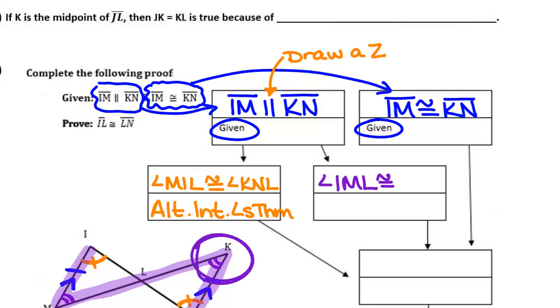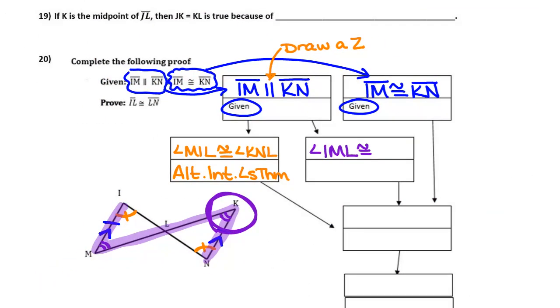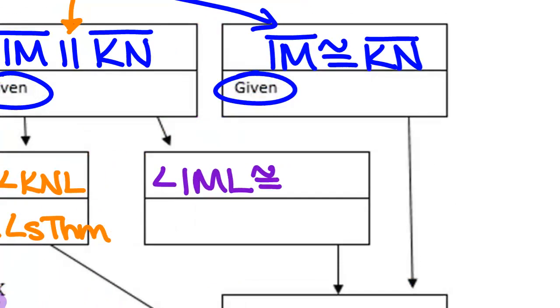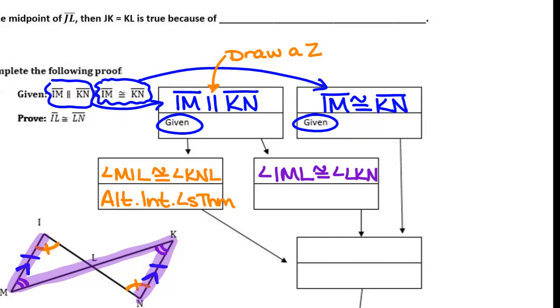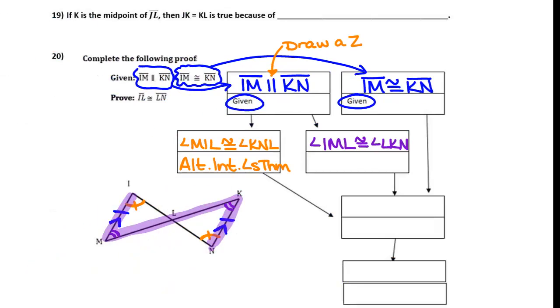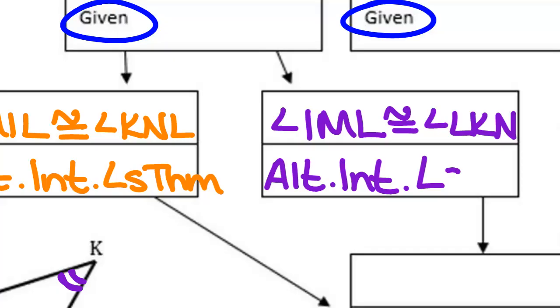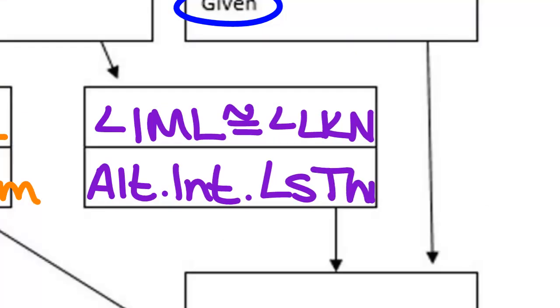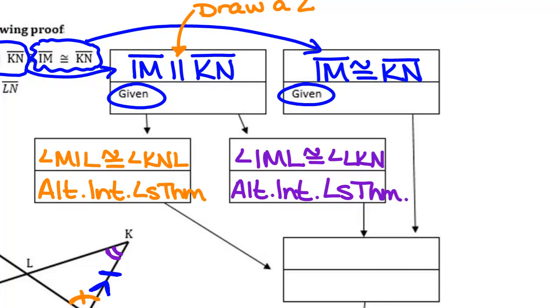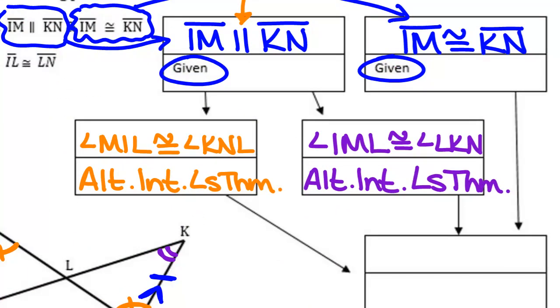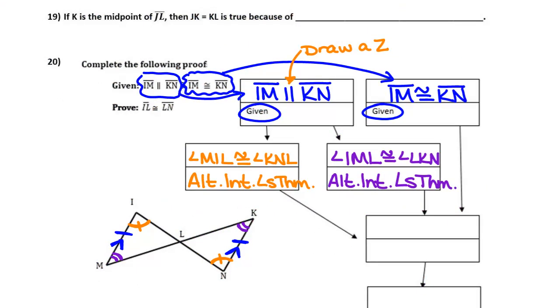What would we call this one over here? LKN. Angle LKN or NKL. And why can I say that those 2 angles are congruent to each other? Yes, alternate interior angles theorem again. Whenever you see parallel lines in a triangle proof, we're going to use alternate interior angles theorem to say that angles are congruent.